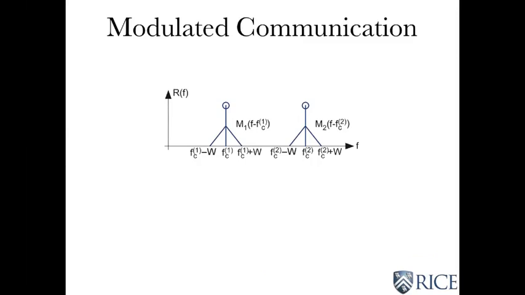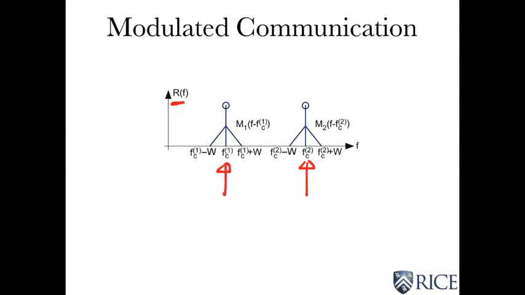So let's look in more detail at some of the consequences of using this kind of scheme. Suppose we have two different modulation communication schemes going on at the same time. One of them is using carrier frequency 1, the other one is using carrier frequency 2. As we know from the wireless situation, if both signals come in my receiving antenna, I get them both.